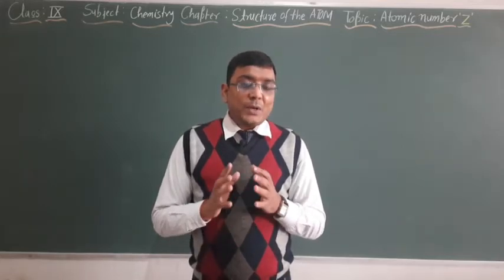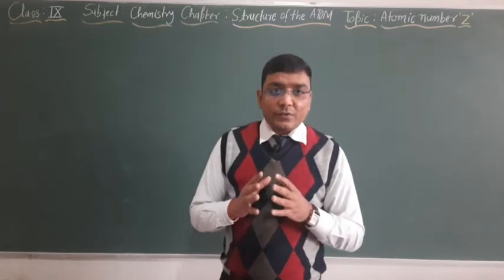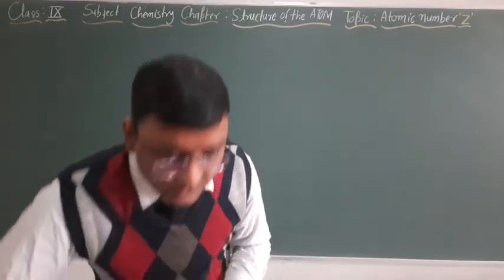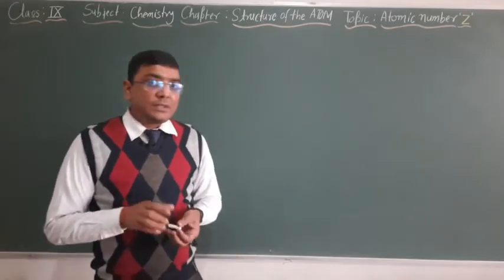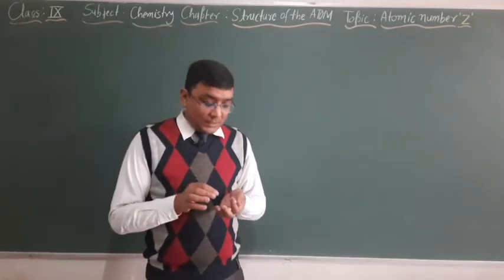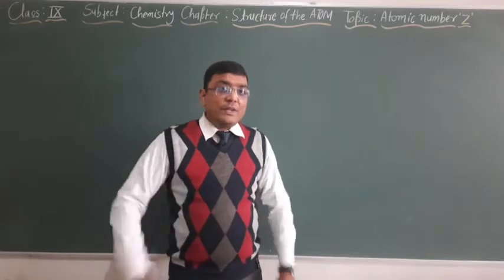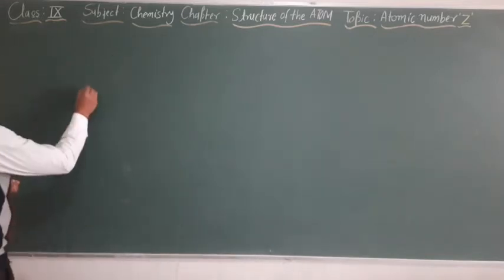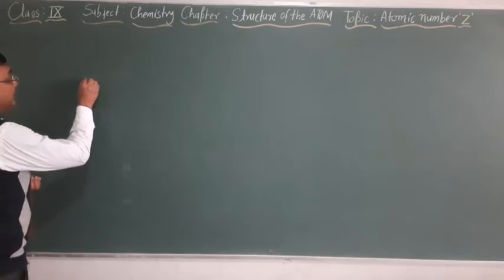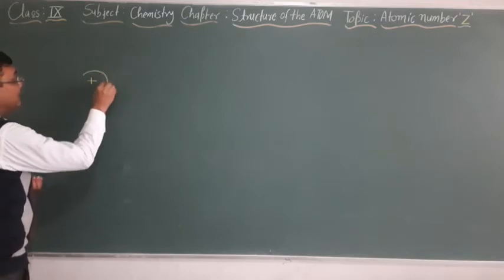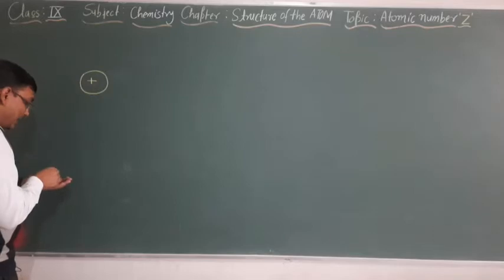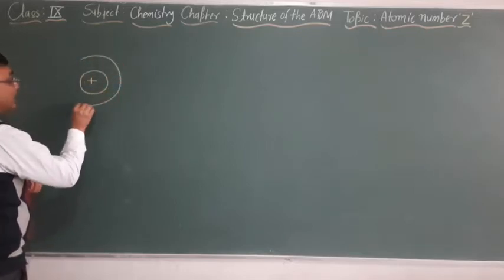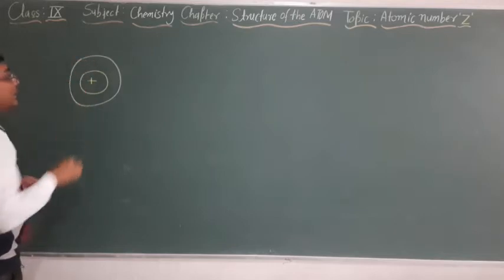As per Bohr's model, it is clear that every atom has two parts. The first part is the nucleus, and the second part is the extranuclear part in which electrons reside.